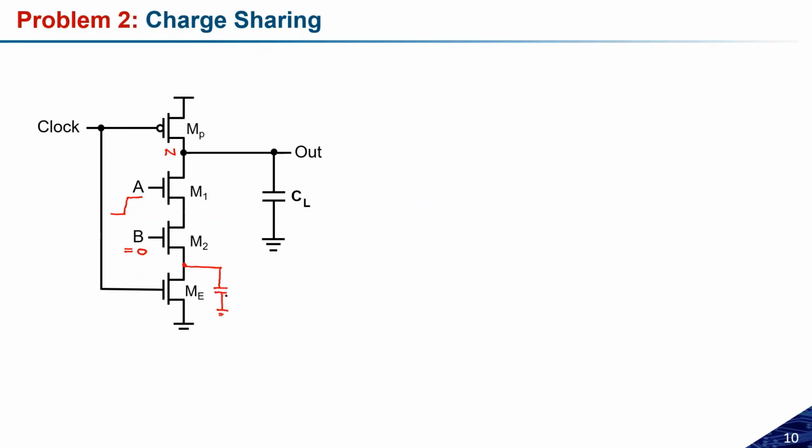So we will have one node capacitor over here because of this M2. Similarly, because this M2 is also on, we will observe some capacitance over here as well, that we call CM1, and we are calling it CM2.